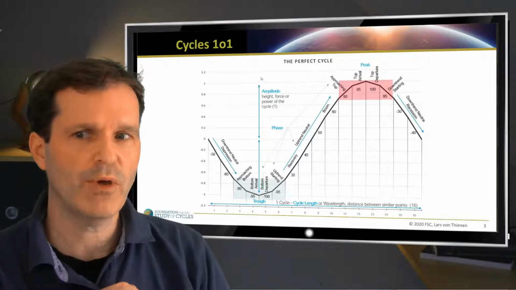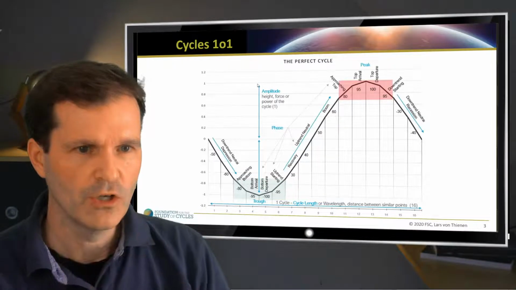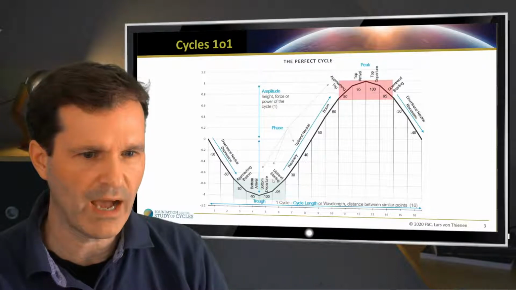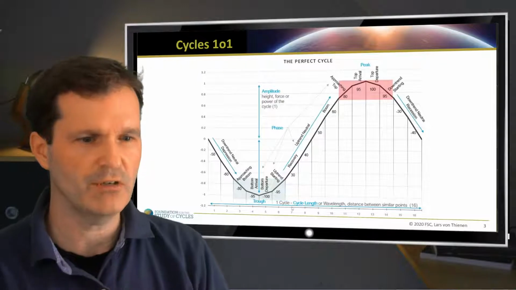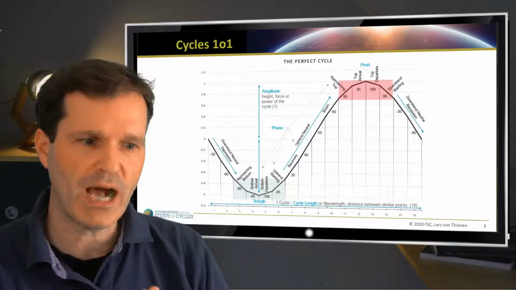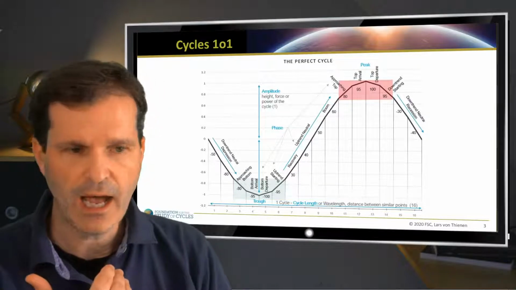In general, you have the amplitude, from top to bottom. The phase shows you where we are in the cycle, and then we have the peak and the trough here. And the cycle length is the so-called wavelength, which is measured in bars here, and it depends on the time frame you have selected.